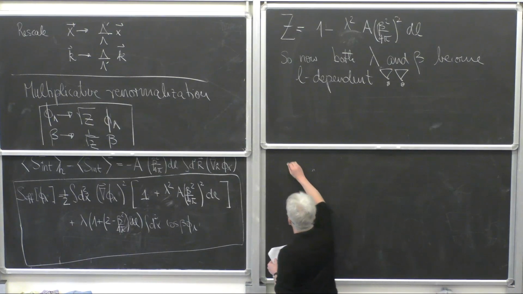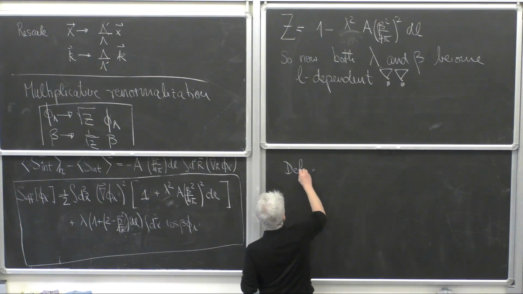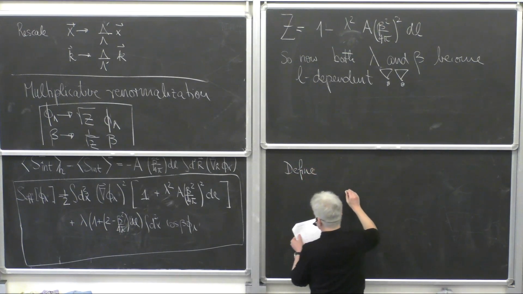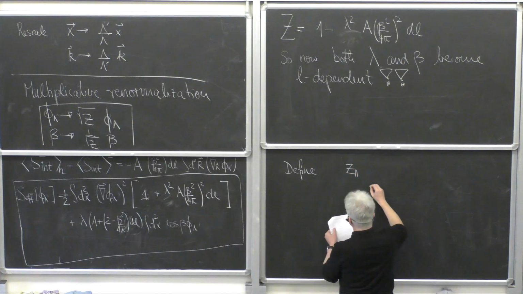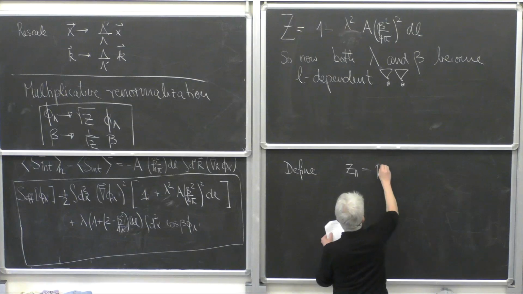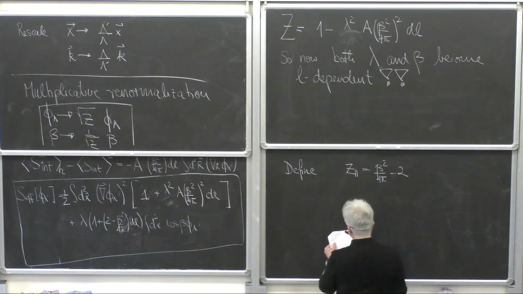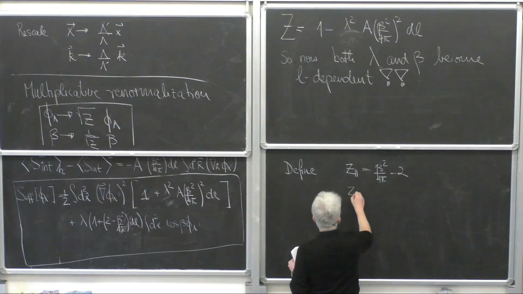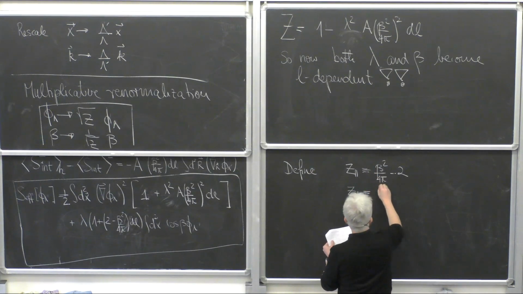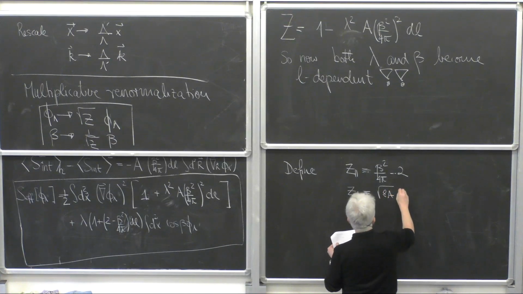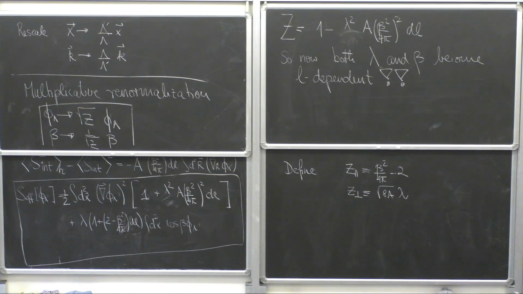So instead of these, it's customary to define two coupling constants: z parallel, which is beta squared over 4 pi minus 2, and z perp, which we define to be the square root of 8a lambda. Okay, so that's just a change of variables.